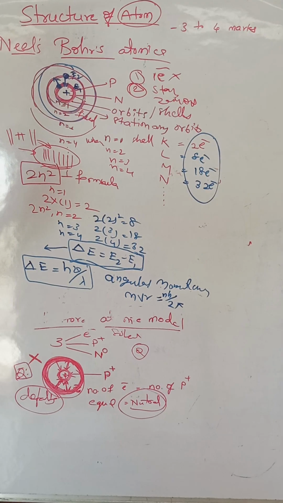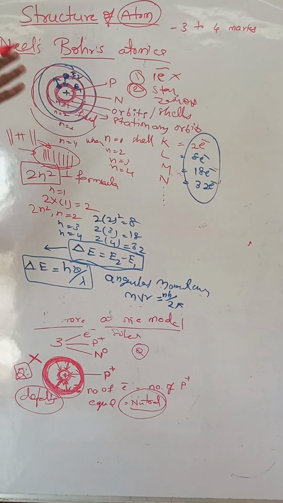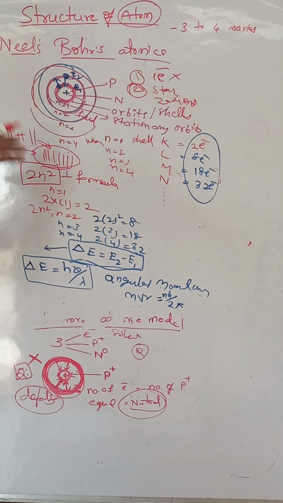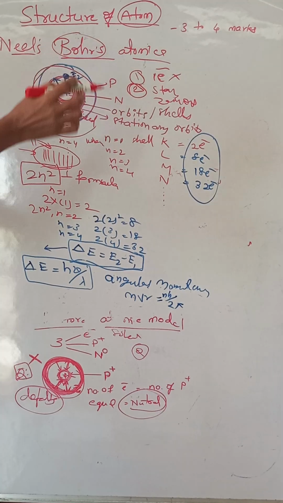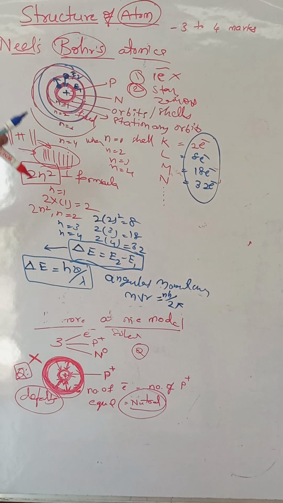But he could not explain atoms with more than one electron, with 2 electrons, 3 electrons, 4 electrons. That means helium, lithium, sodium models are not explained by Bohr. The Stark effect and Zeeman effect are also not explained by him.